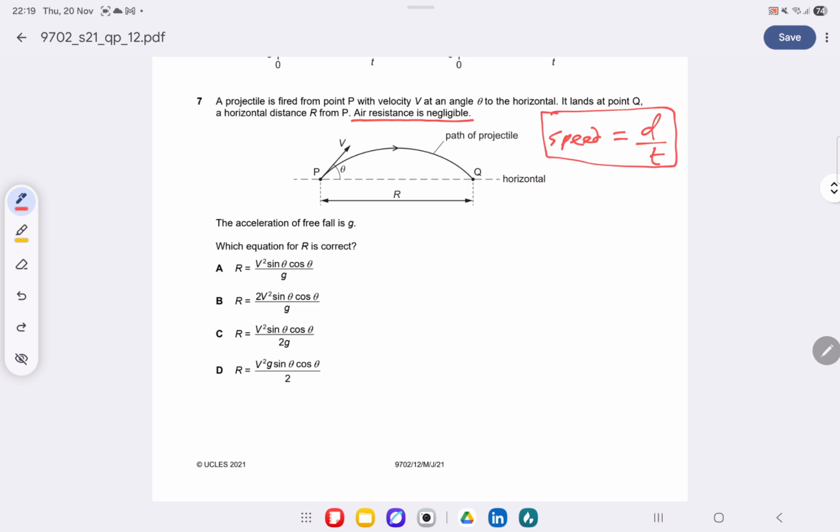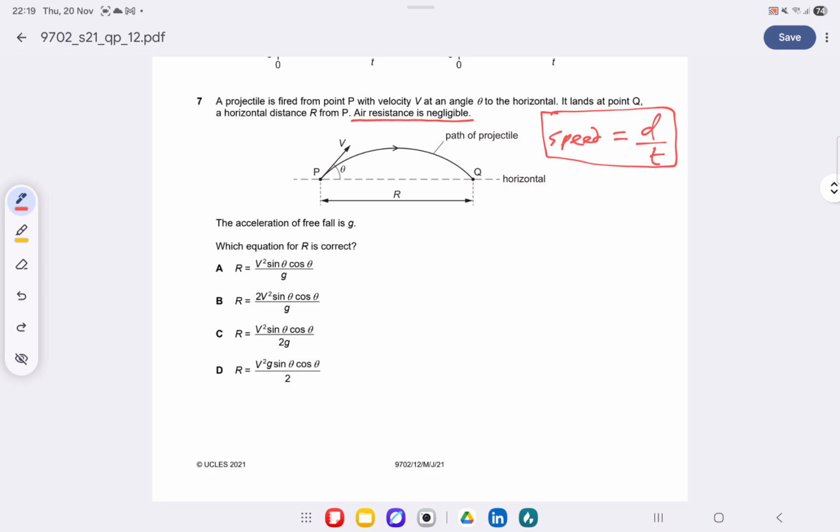When you are talking about projectile motion in the horizontal direction, this is the only formula that you use. But when you are dealing with vertical motions, then you use your SUVAT. Very important: the horizontal motion and the vertical motion are independent of each other. The only quantity which is the same for the vertical and the horizontal motion is time.